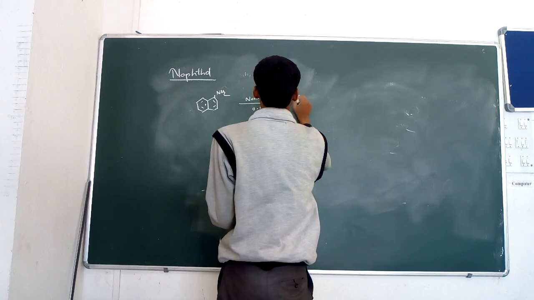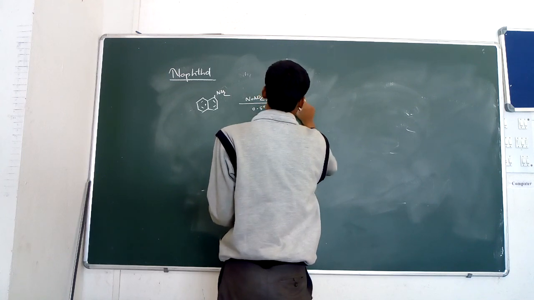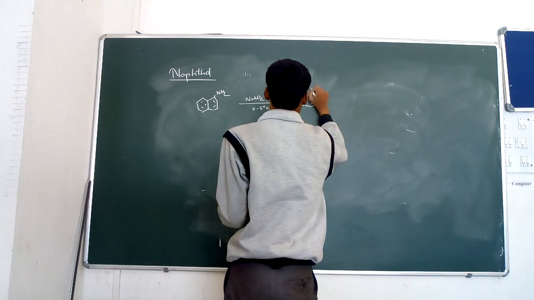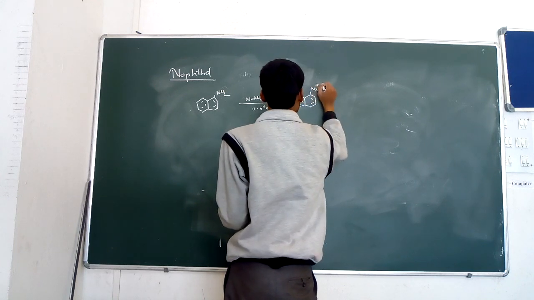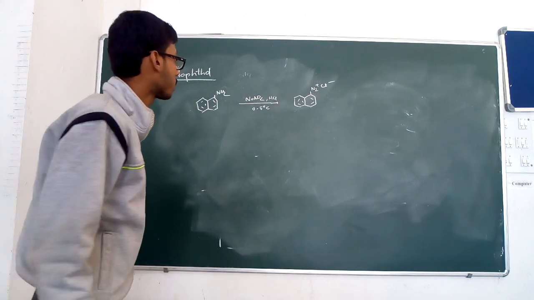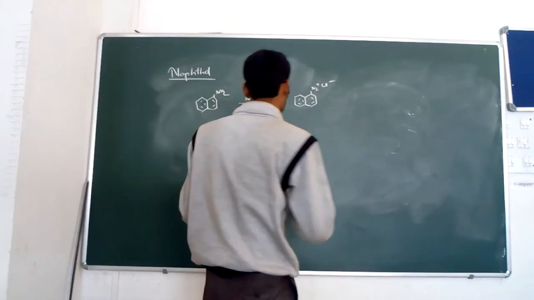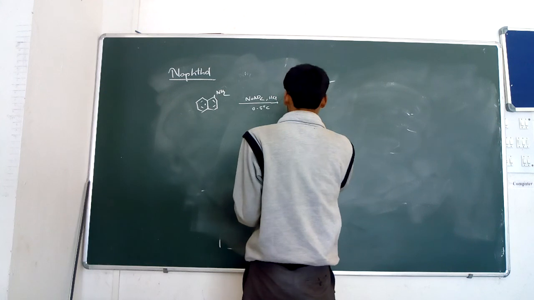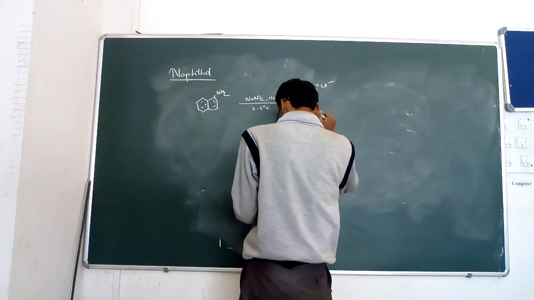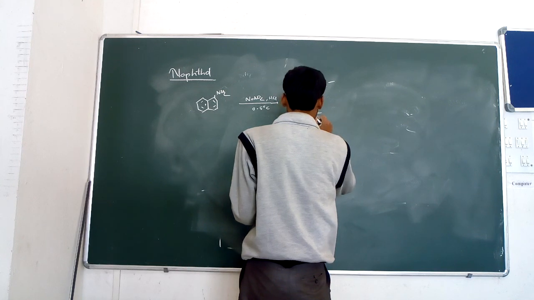That gives N2+ Cl-, the diazonium salt, and the diazonium salt is used for various chemical reactions.